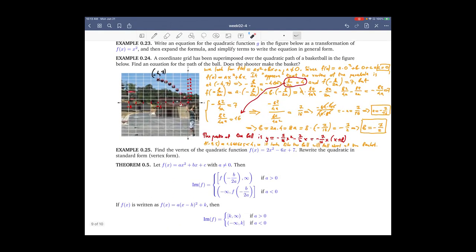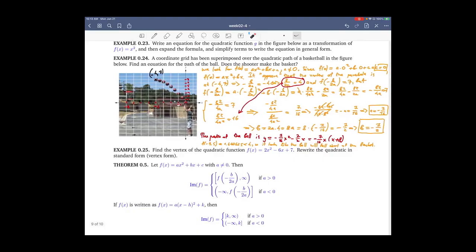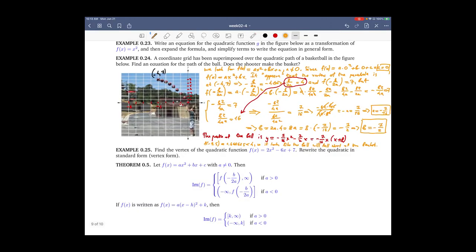Well, it's another exercise in completing the square. So we start with 2x squared minus 6x plus 7. After factoring out a, we get in parentheses x squared minus 3x plus 7 halves.